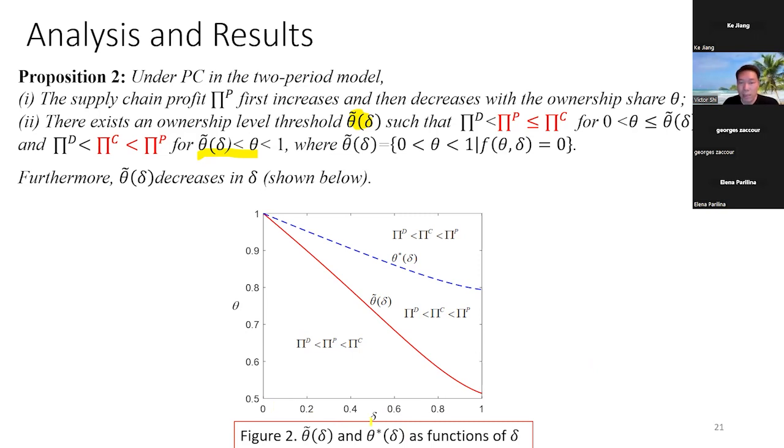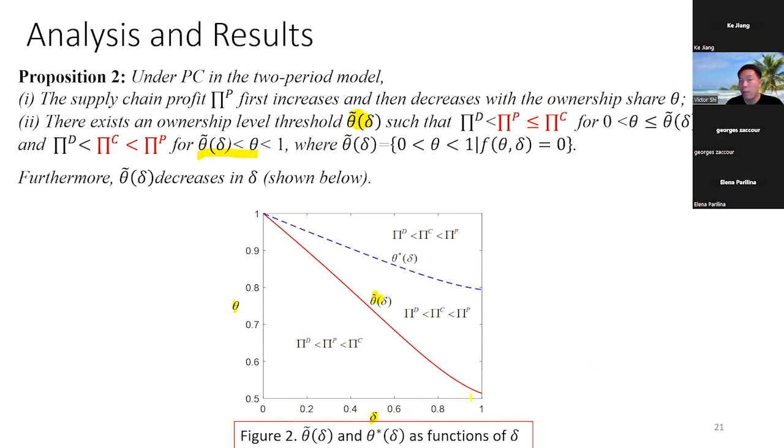The x-axis is the delta, the durability, and this one is the ownership share. And this is the threshold. As you can tell from here, as delta increases from 0 to 1, this threshold decreases from 100% to about, say, 51%.